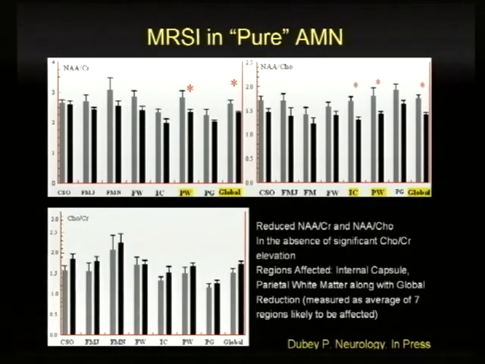We have looked at the magnetic resonance spectroscopy in men with the adult form of adrenoleukodystrophy whose brain MRI is perfectly normal.